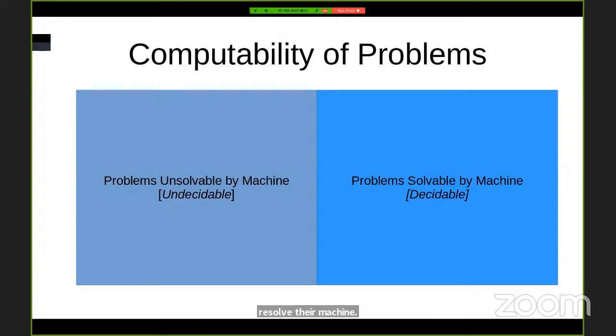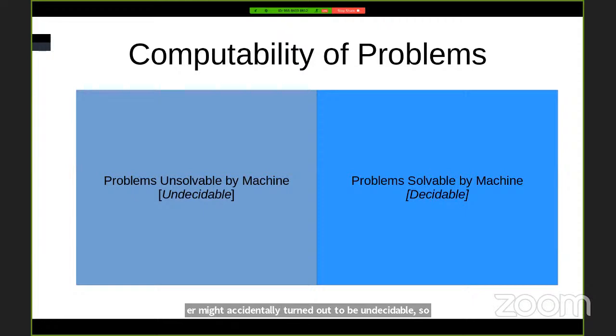Perhaps, unfortunately, a lot of interesting problems are in the undecidable category. And we have to be aware of that because it's extremely common that a problem you set out to solve by a computer might accidentally turn out to be undecidable. So you can't really solve it.